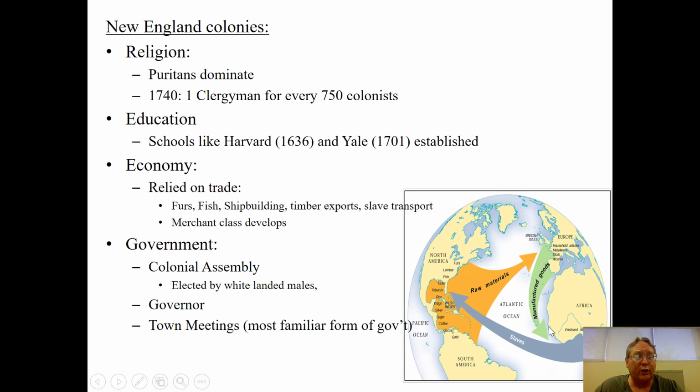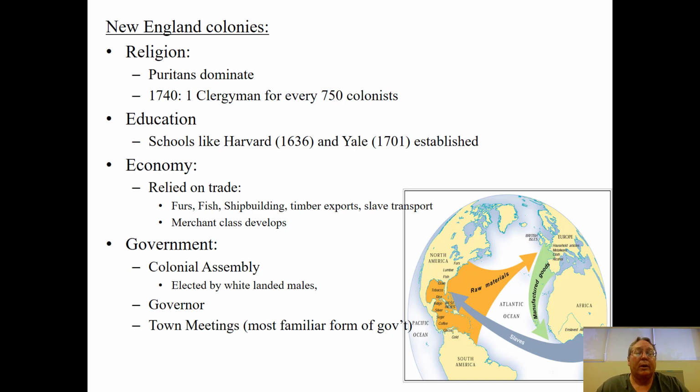They sail down to the west coast of Africa, where they exchange those manufactured goods for enslaved people, and then they sail back across the Atlantic in what's known as the Middle Passage. There they sail to places like the Caribbean, or even places like South Carolina and Virginia and Maryland, and they sell those slaves off, take that money, buy more raw materials, and just do it all over again. That is the triangular trade.